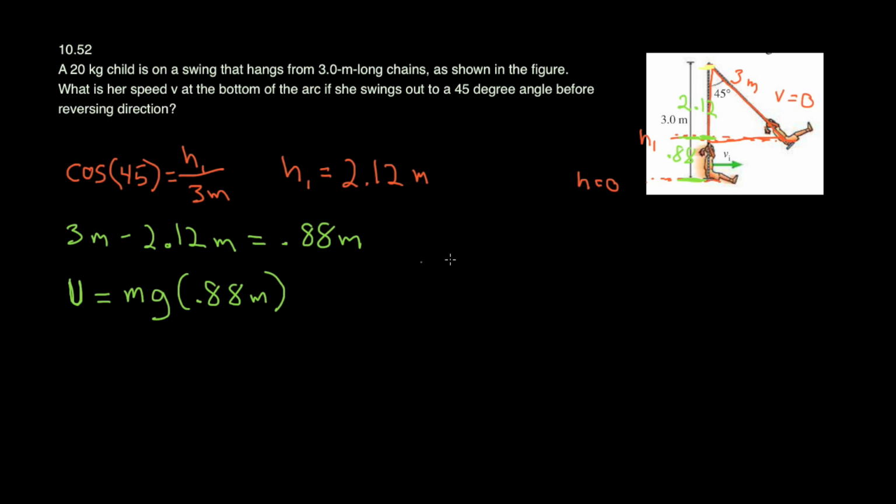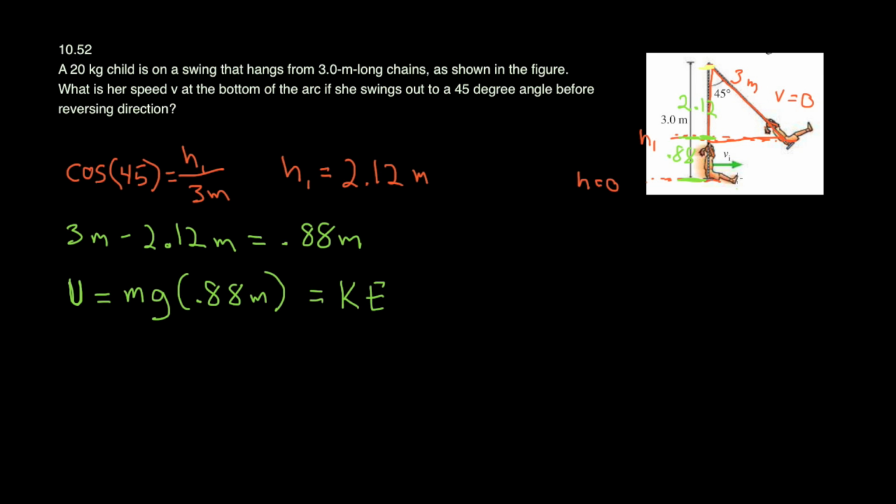So then we know that the potential energy at this point has to be transferred completely back into kinetic energy at this point down here, right? Because when she gets up to this point, she has no kinetic energy at all. It's all potential energy. And when she's down here, it's all kinetic energy, and there's no potential energy.